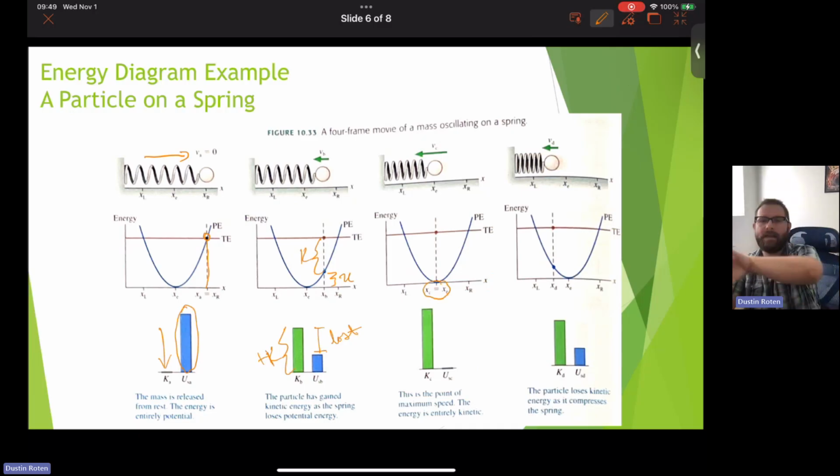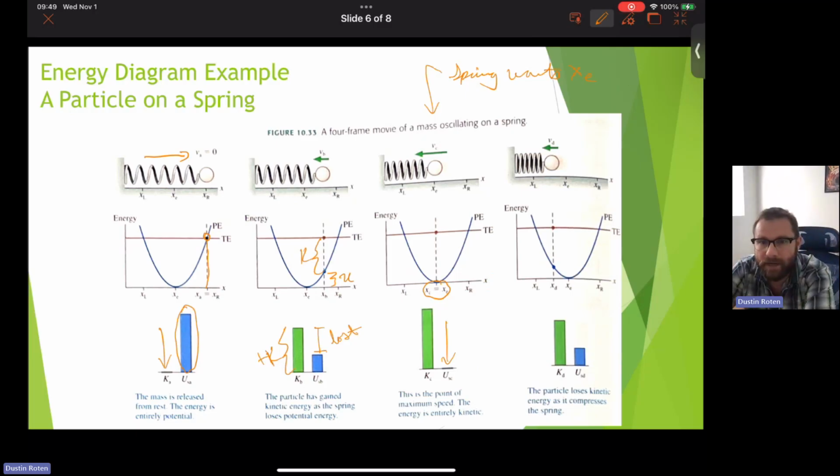Now, right here, as we pass through the equilibrium position, that's where the spring wants to be. The spring wants XE. The spring wants to be at equilibrium. So as soon as it gets to equilibrium, it doesn't have to do its job anymore. We have no spring potential energy, but we do have this kinetic energy.